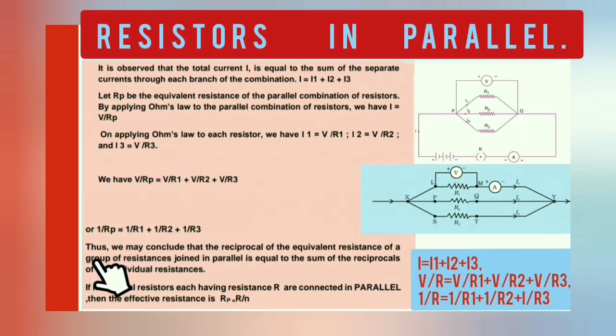So the reciprocal of the equivalent resistance of a group of resistances joined in parallel is equal to the sum of the reciprocals of the individual resistances. If you connect n identical resistances in parallel, then the effective resistance Rp is equal to R by n.